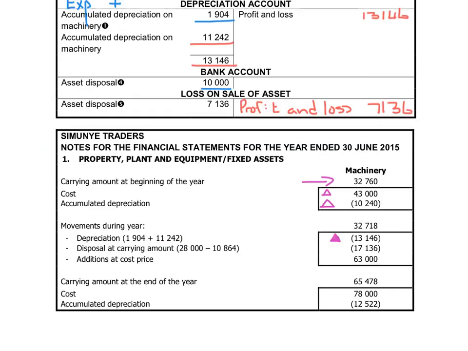So I will subtract them and I will show that we sold this asset. So the value of my assets decrease and therefore the amount will be in brackets. So accumulated depreciation and asset disposal will be in brackets to indicate that the amounts reduce the value of your asset and must be subtracted.